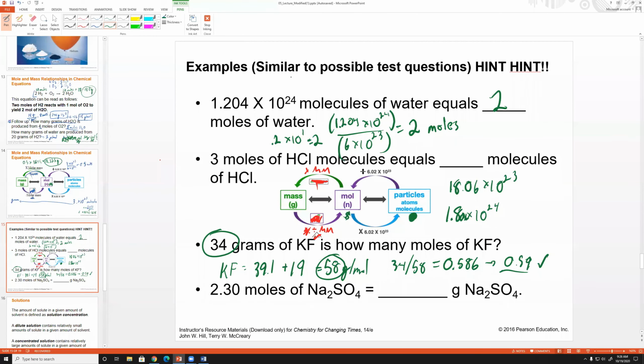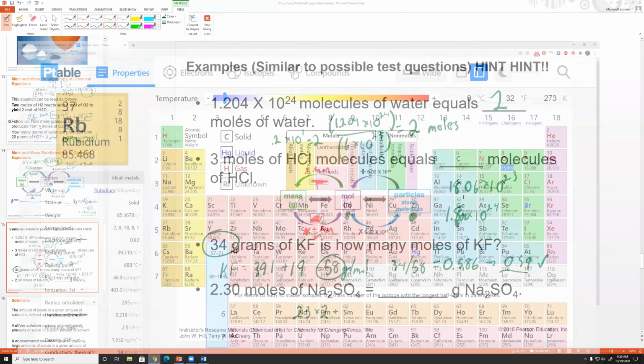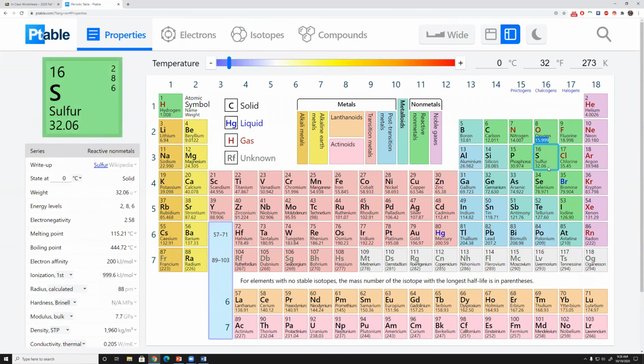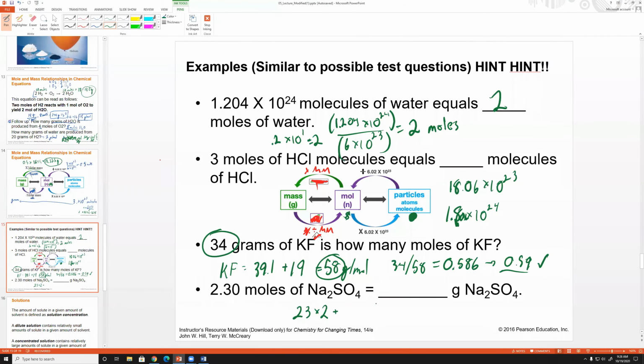All right, so we have 23 times 2 plus sulfur. Sulfur is right here, and that's 32.06. That one, it's not good to round, so we'll leave it as 32.06. Plus 4 oxygens.